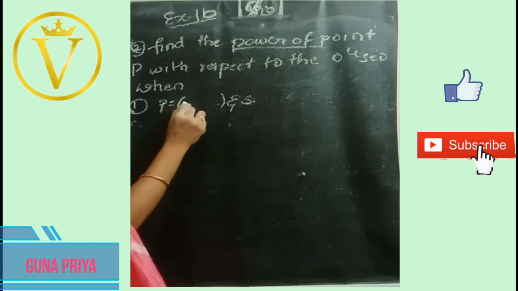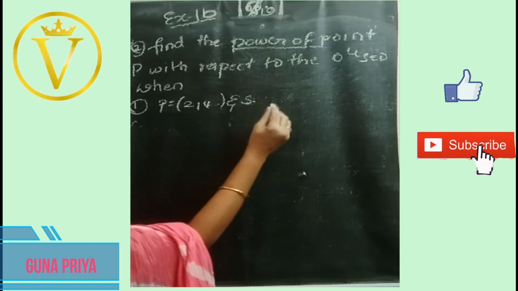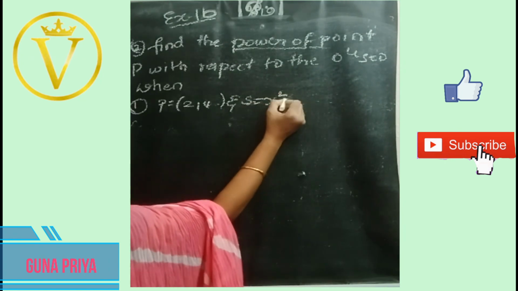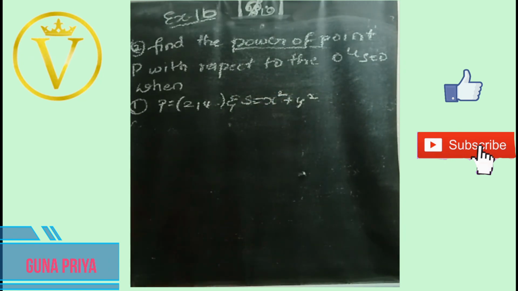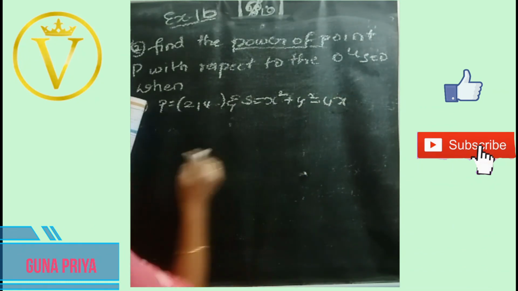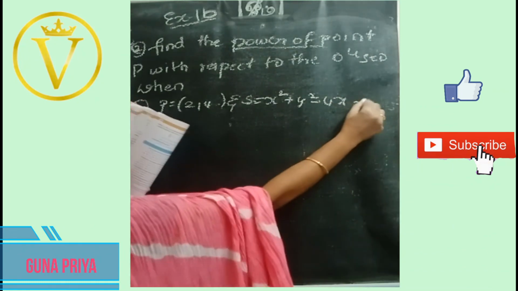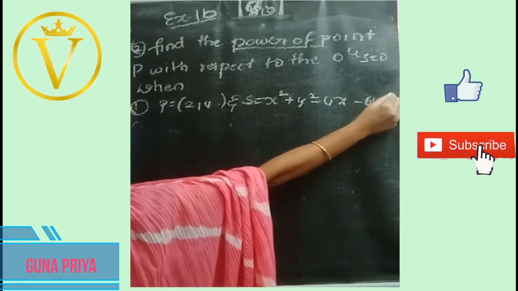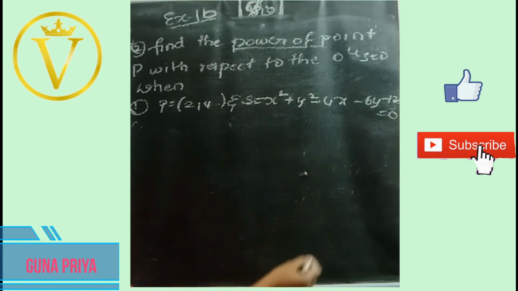Our another point is (2, 4) and S equals to x square plus y square minus 4x minus 6y minus 12 equals to 0. They have given this circle equation and point.